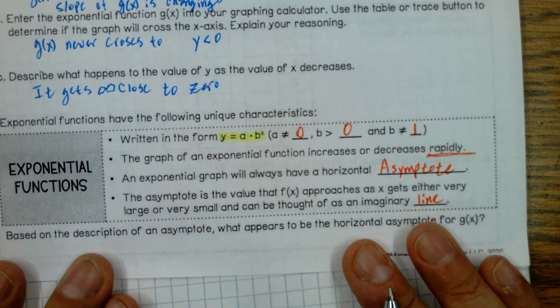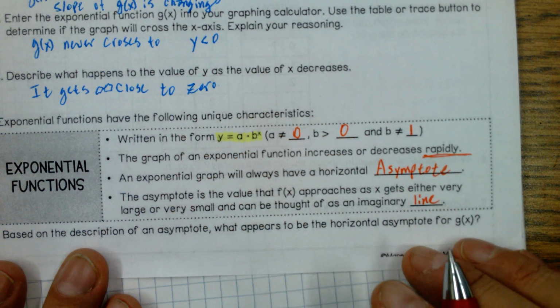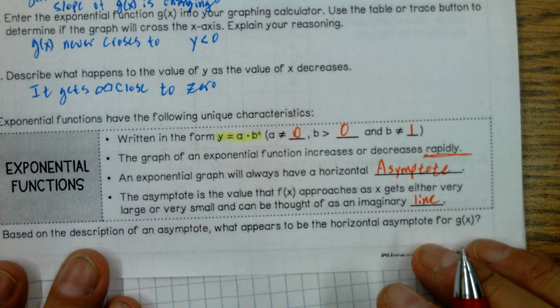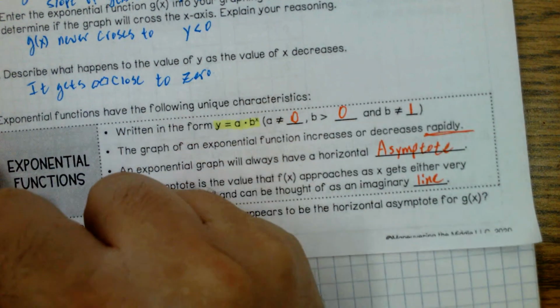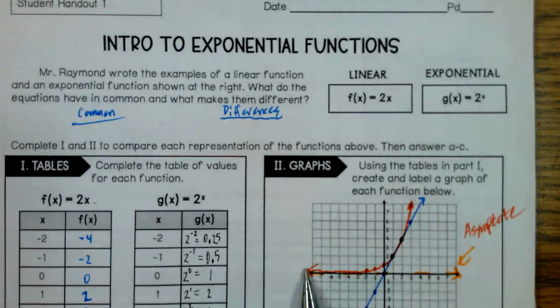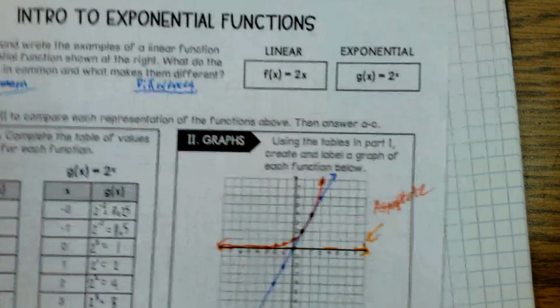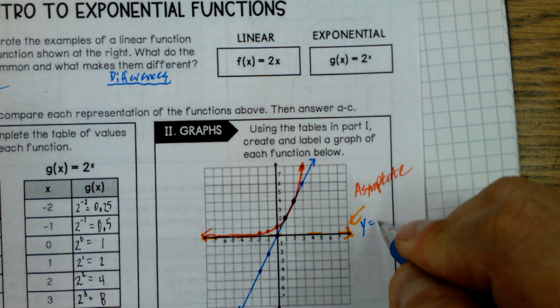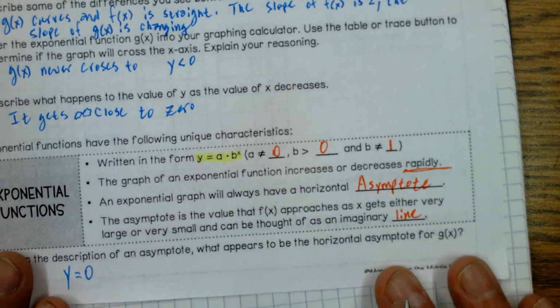So based on the description of an asymptote, what appears to be the horizontal asymptote for g of x? Well, it's going to be y equals 0. This line at y equals 0 is the line it's never going to cross.